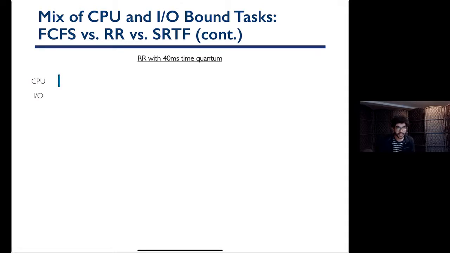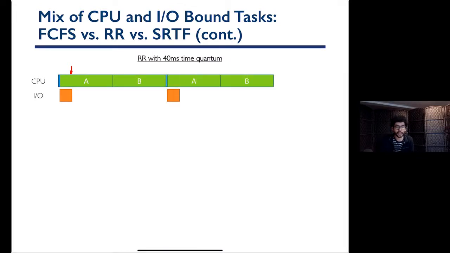So in this case, let's assume that C is first. We're going to run C for 1 microsecond, and then C is going to go for I/O, and then we'll come back. When C comes back at this point, it's going to go behind B. So we're going to have A, B, and C. We run A for 40 microseconds, then B, and then C again.